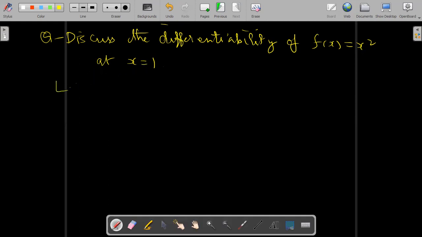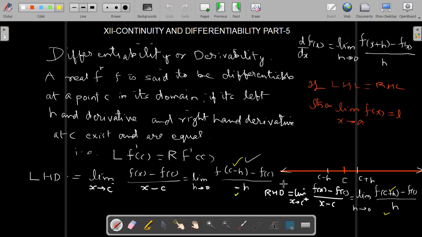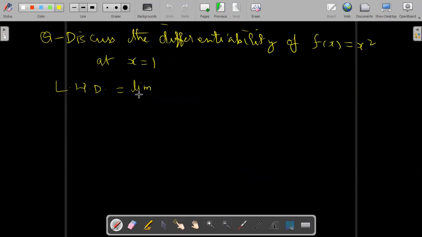Okay, so we will find the left hand derivative first. As you know, the left hand derivative is the limit h tending to 0 of (f(c minus h) minus f(c)) divided by minus h.